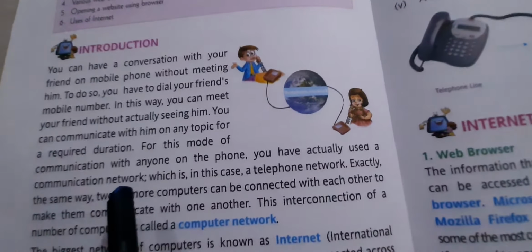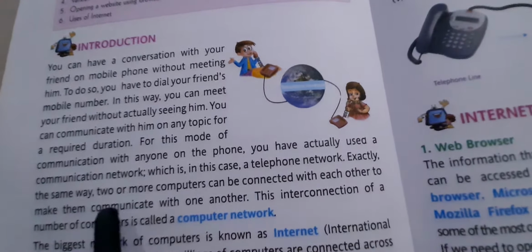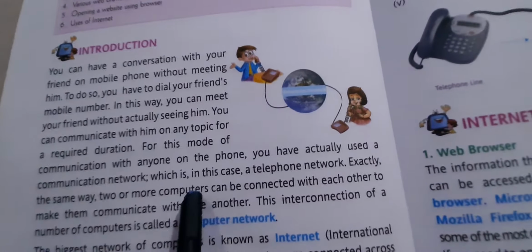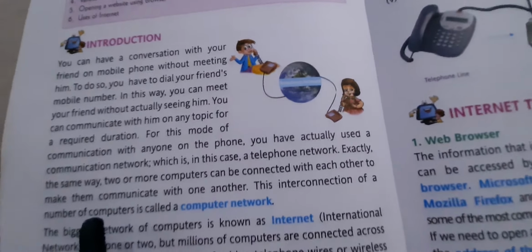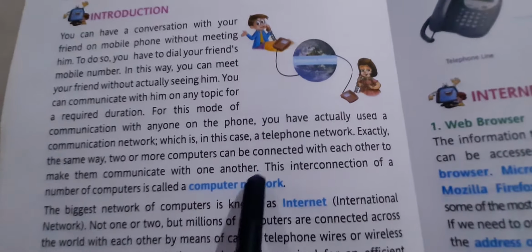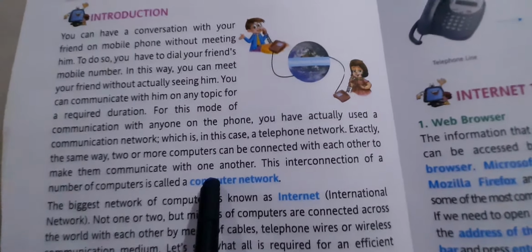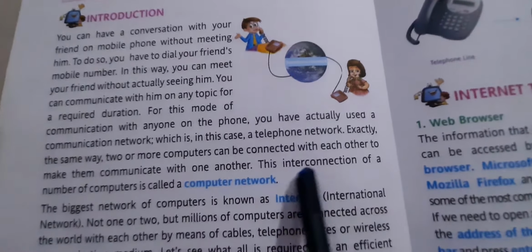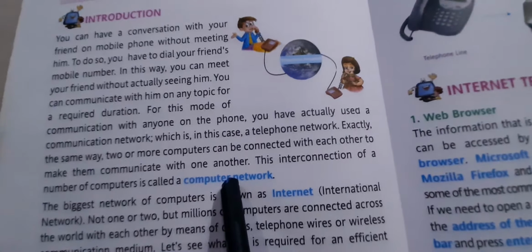For this mode of communication with anyone on the phone, you have actually used a communication network, which is in this case a telephone network. Exactly the same way, two or more computers can be connected with each other to make them communicate with one another. This interconnection of a number of computers is called a computer network.